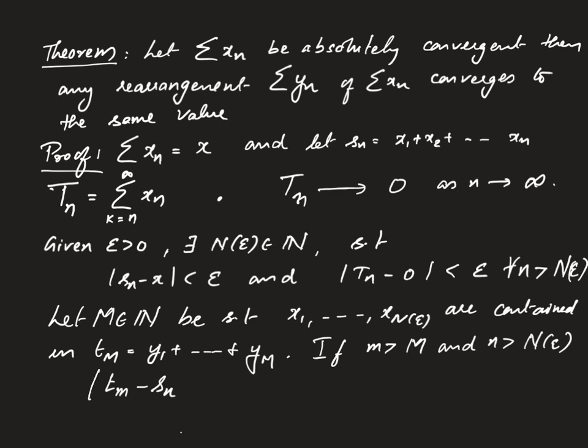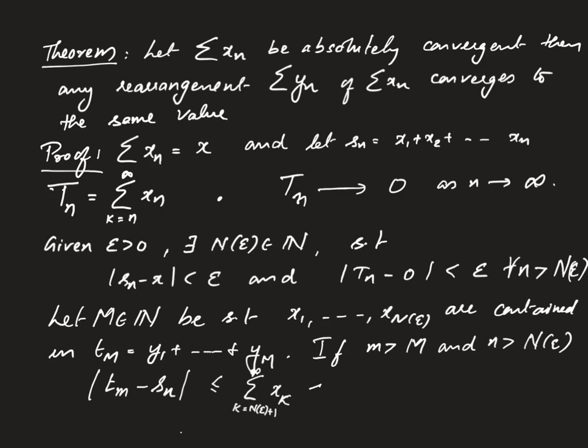So mod of Tm minus Sn would be less than or equal to the summation of mod xk, where k is going from N of epsilon plus 1 to infinity.